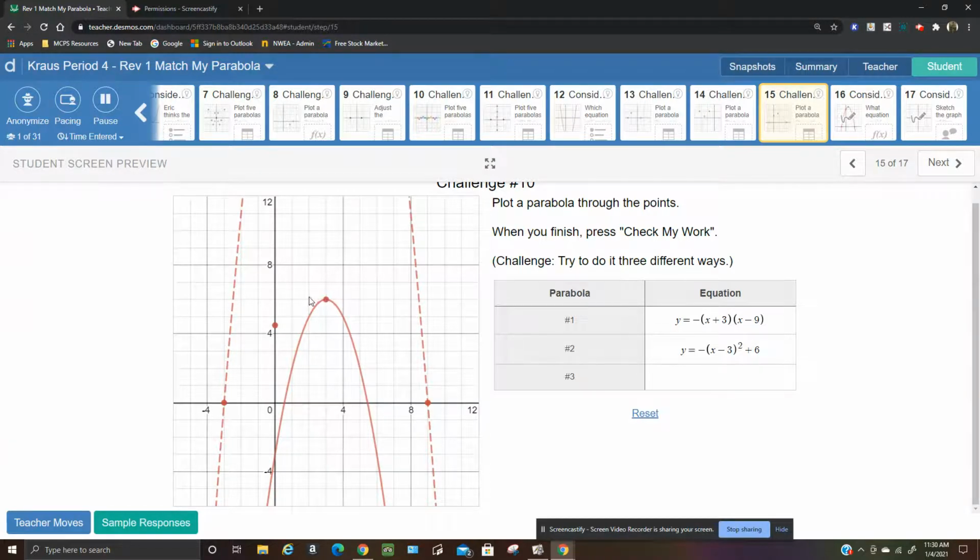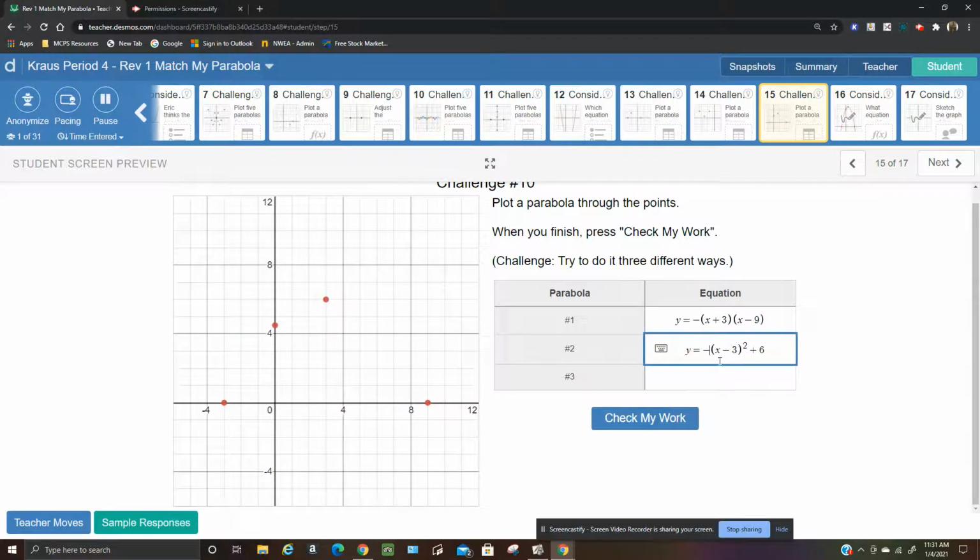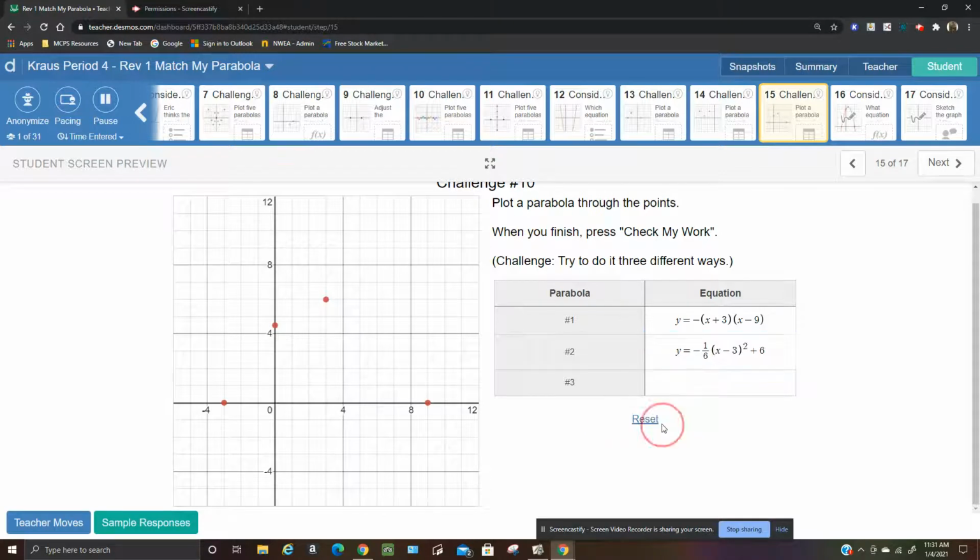So if I go over 1, 2, 3, it should go down 9, but I went down 1.5 instead. So see, 1/6 maybe. And that works. So this one should be 1/6 also.